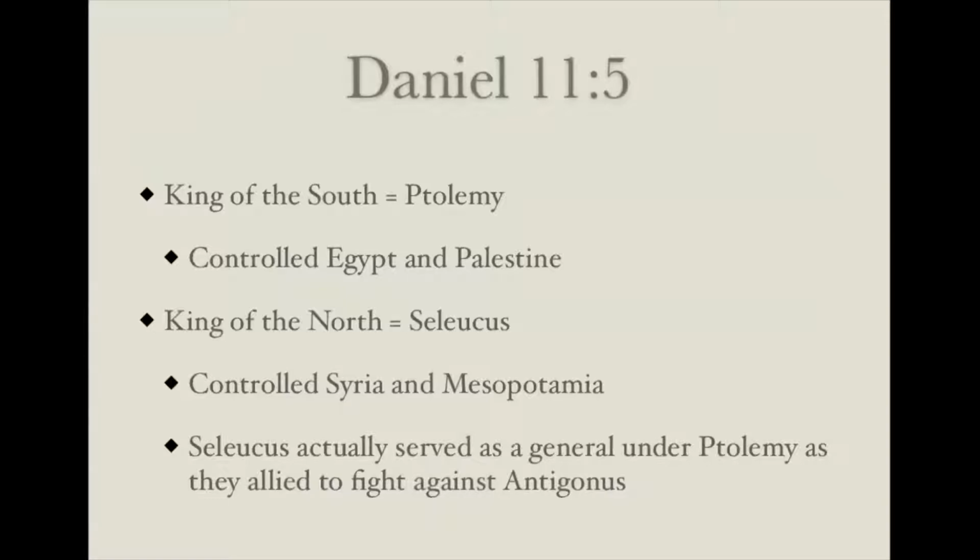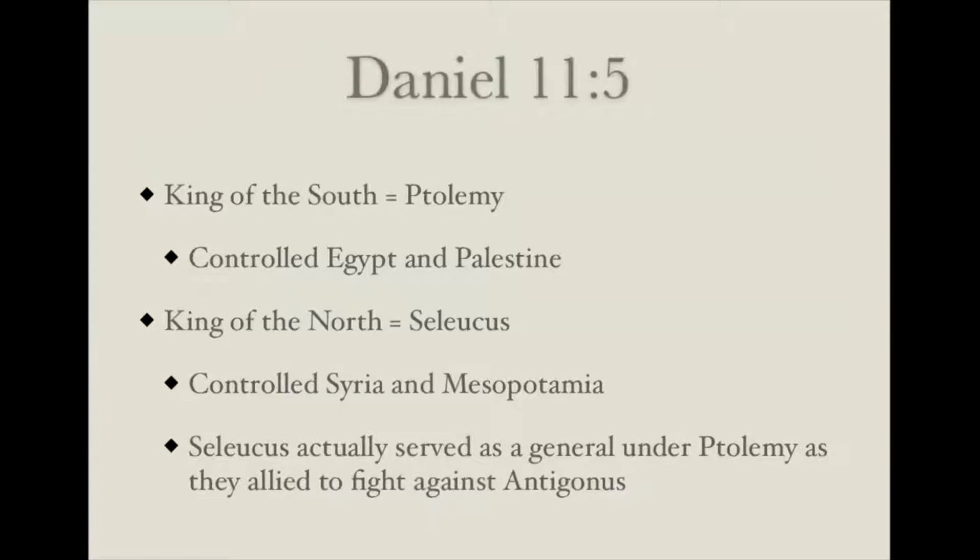Okay, Daniel 11:5. Out of the different generals that divided Alexander the Great's kingdom, two emerged as the main powers through that time. There was a bit of infighting among the different generals over control of the empire. Art's still awake.